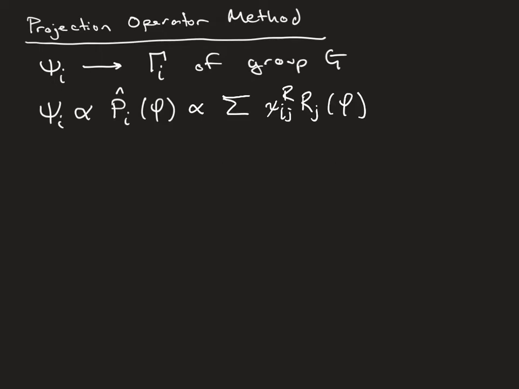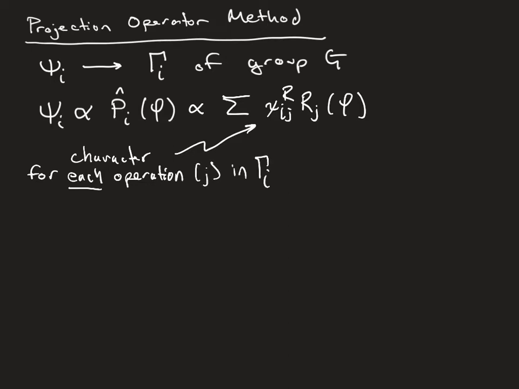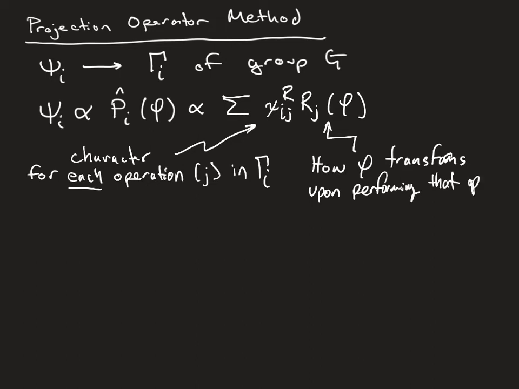What this sum contains is the character for each operation j in representation i, and how the basis function transforms upon performing that operation.